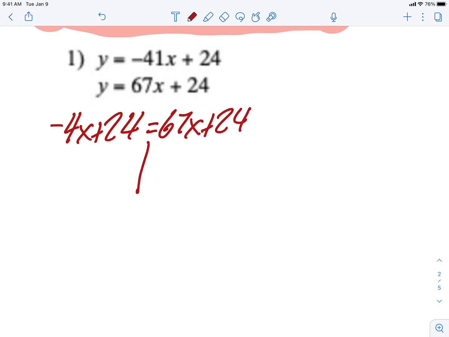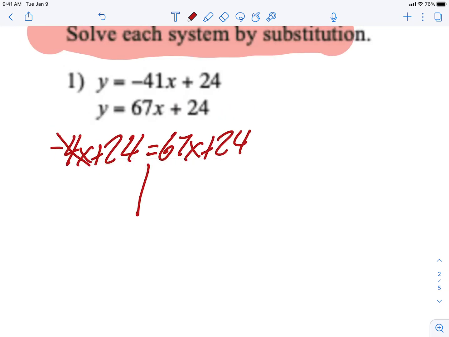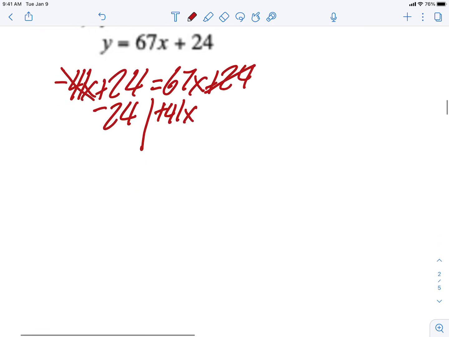So I'm going to bring the x's over to the right. 41x, excuse me, this is 41x, so plus 41x. And then this 24, I'm going to bring it over as minus 24. So I get 0 is equal to 67 plus 41 is 108x.